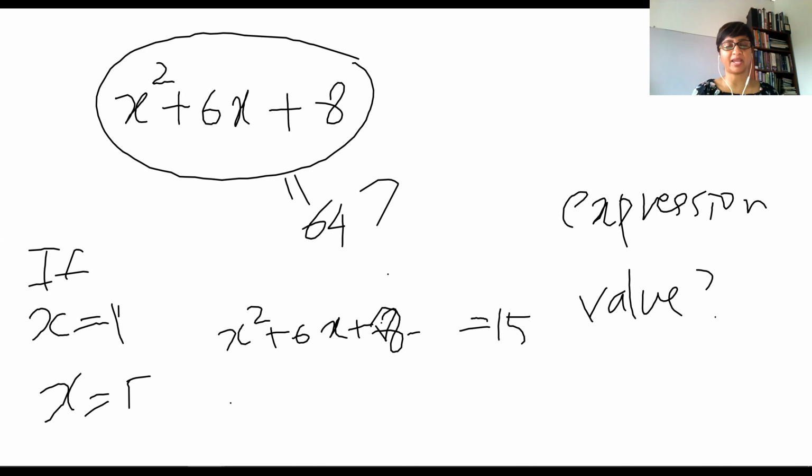Let me repeat that. If I ask you, when you put what value for x would the whole expression become 0? The answer to the whole expression becomes 0. Are you able to immediately tell me?